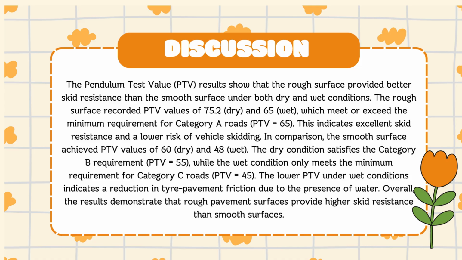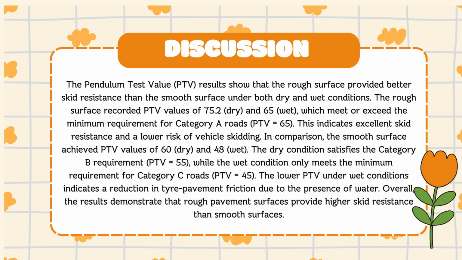In comparison, the smooth surface achieved a PTV value of 60 dry and 48 wet. The dry condition satisfies the category B requirement, PTV equal to 55, while the wet condition only meets the minimum requirement for category C roads, PTV equal to 45.